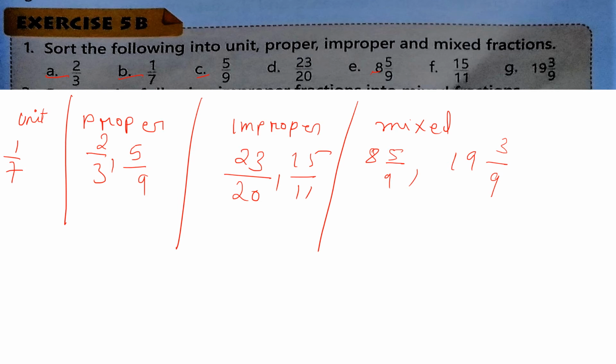Okay. Now let's do question number 2. Convert the improper fraction into a mixed fraction. Number A, 5 by 3.